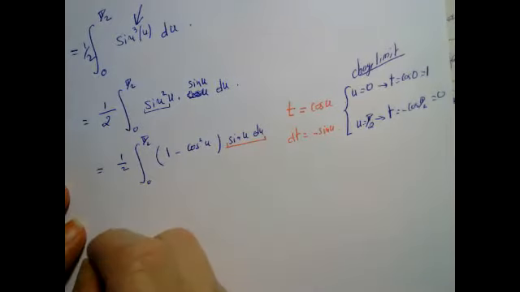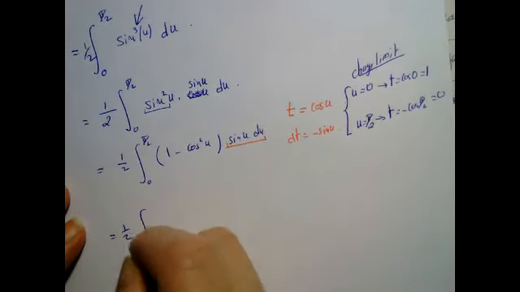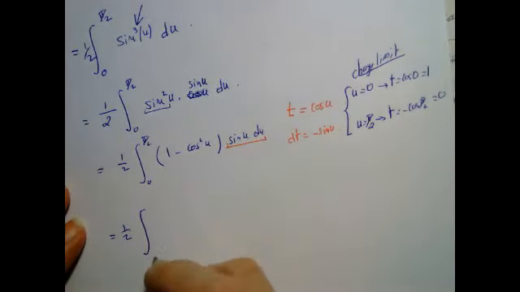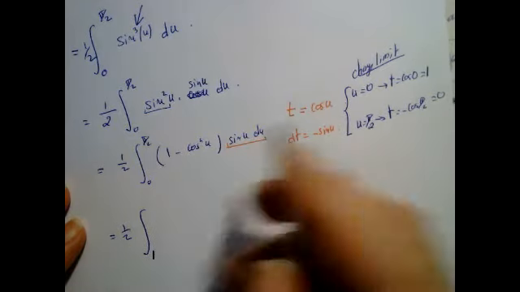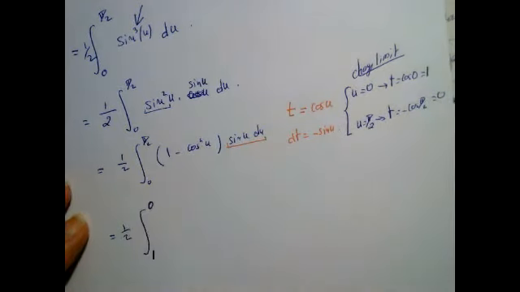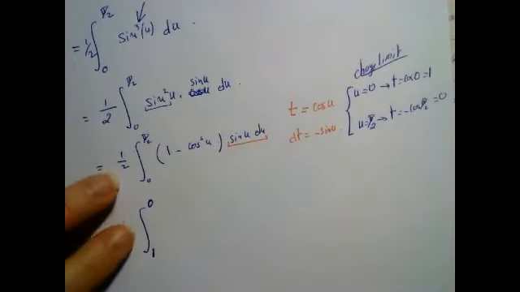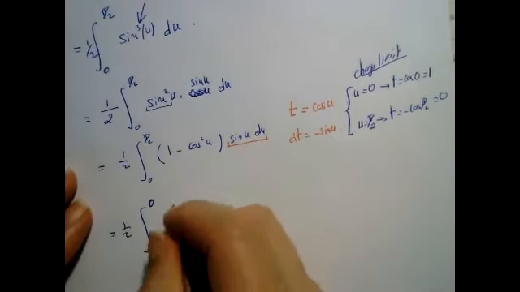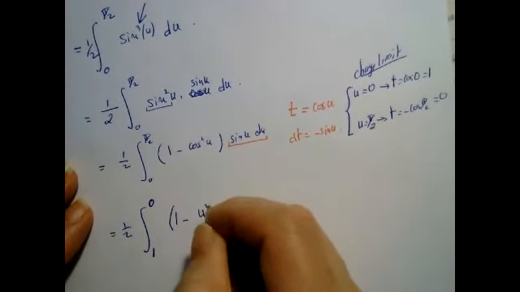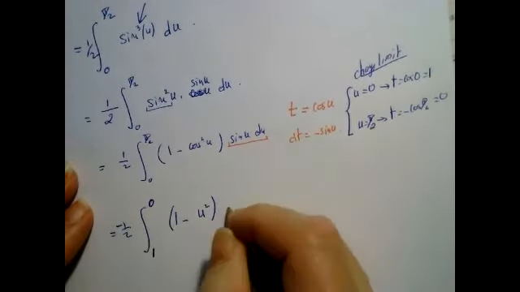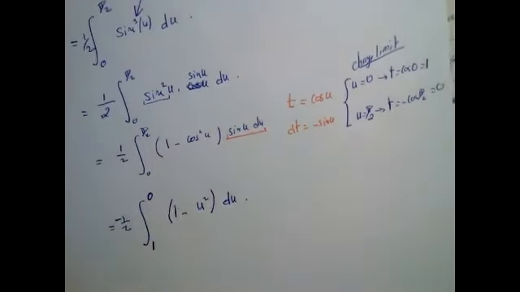So now I'll end up with a half times, the 0 went to 1, pi over 2 went to 0. Even though this is larger, you keep it like this, and this is going to give me minus dt.